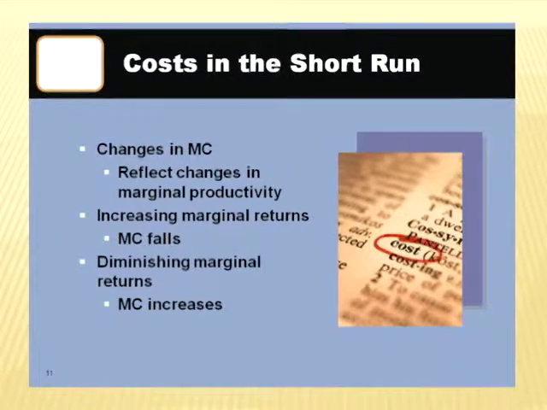Now, changes in marginal cost really reflect the changes in marginal productivity. In that section where we saw increasing marginal returns, we should see marginal costs fall. That is, when we have workers who add an additional 5 tons, we should see marginal costs fall.